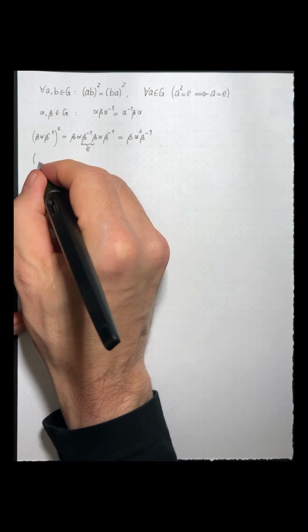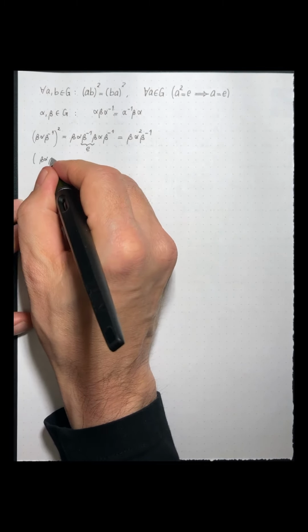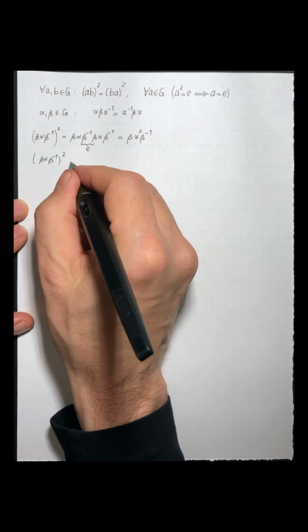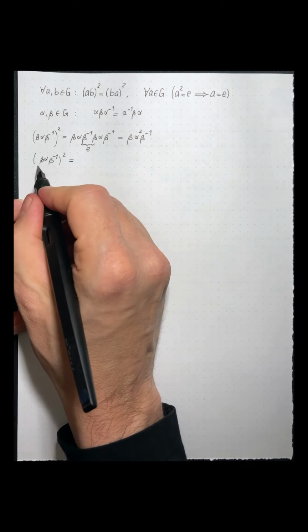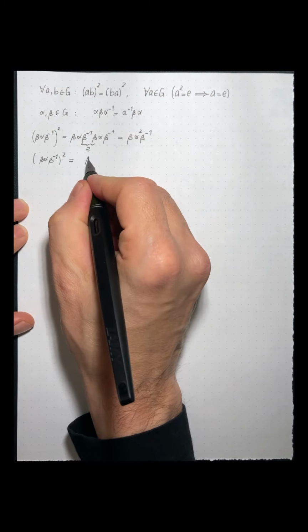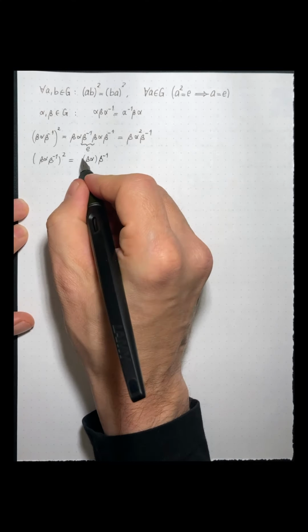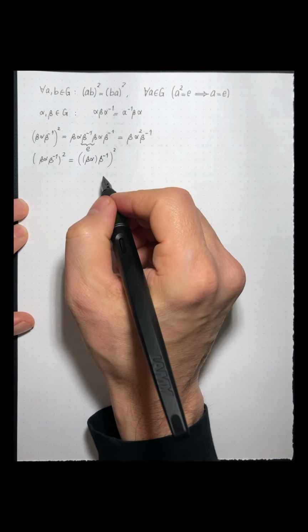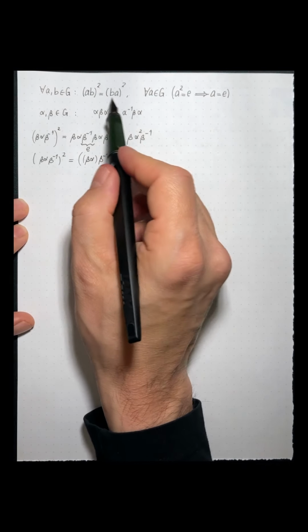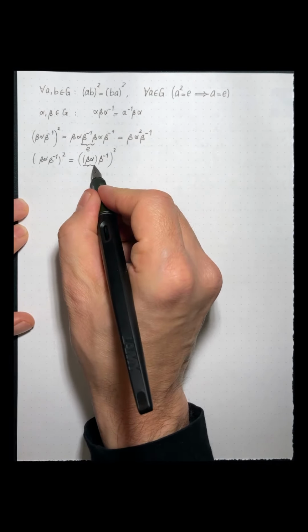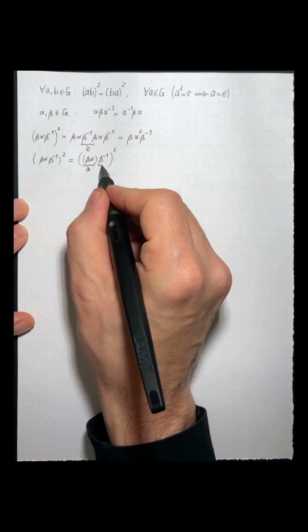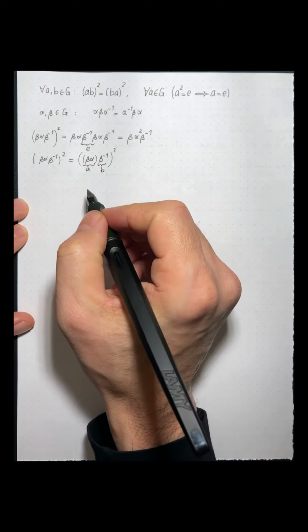Another way that I want to calculate this, I want to somehow exploit the property given in the problem. I will look at β and α as one element. I group them together and then I have β⁻¹. Then I have its second power. Now I want to use this property by giving the role of a to this expression and giving the role of b to β⁻¹. What do I have?